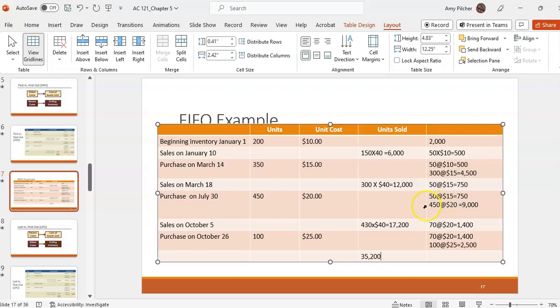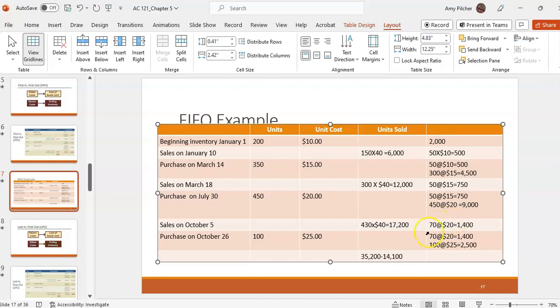And then we need to do 380 at 20. So plus 380 times 20. And we get cost of goods sold of $14,100. And the gross profit is sales minus cost of goods sold.